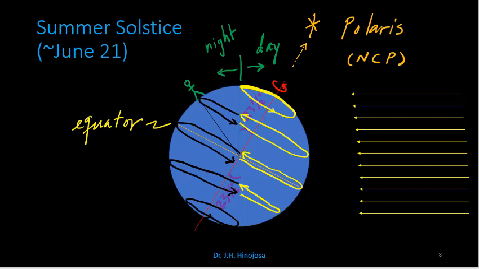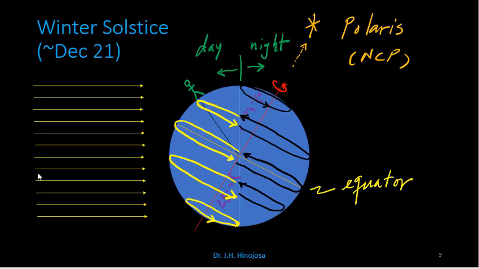Six months later, when the Earth is on the other side of the sun, the axis of rotation points away from the sun, and now in the northern hemisphere we have the winter solstice, which occurs on or about December 21st, and that's the shortest day of the year, and conversely, the longest night of the year.